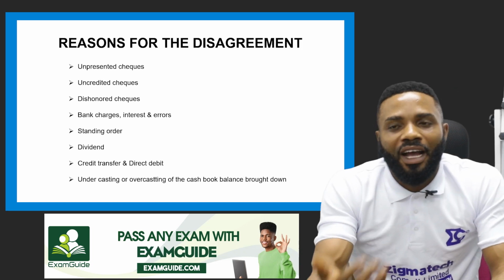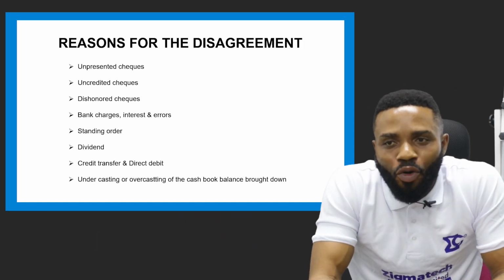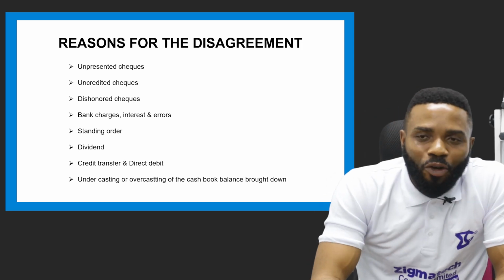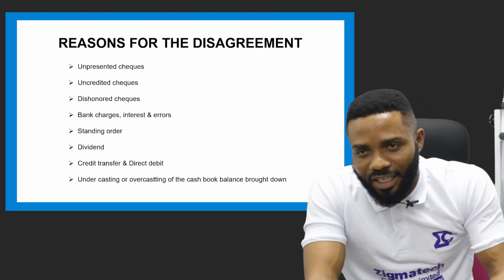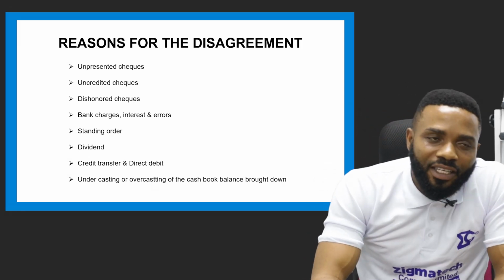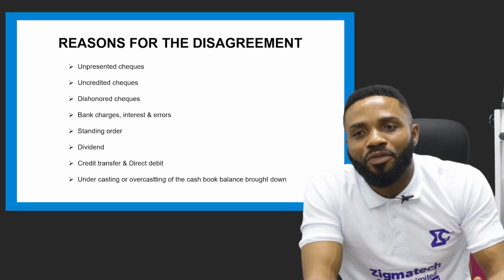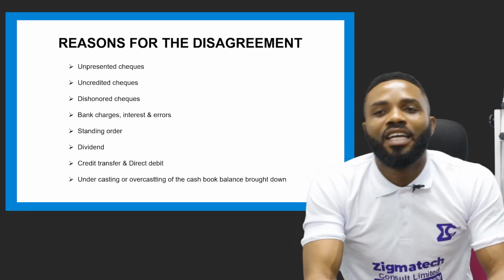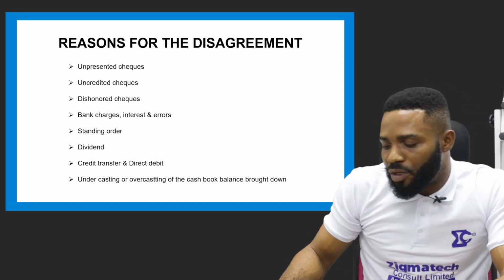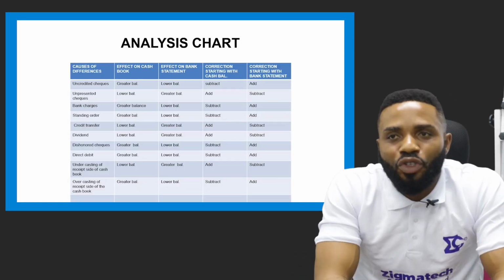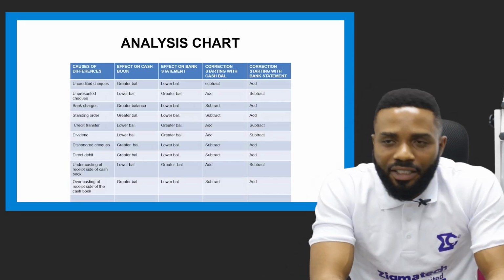And when we say overcast, you are counting above the figure. If the balance is supposed to be 10,000 and you mistakenly write 8,000, you have undercasted. If it's supposed to be 10,000 and you mistakenly count 15,000, you have overcasted. So all of these, put together, will be responsible for the discrepancies between the cash book and the bank statement.